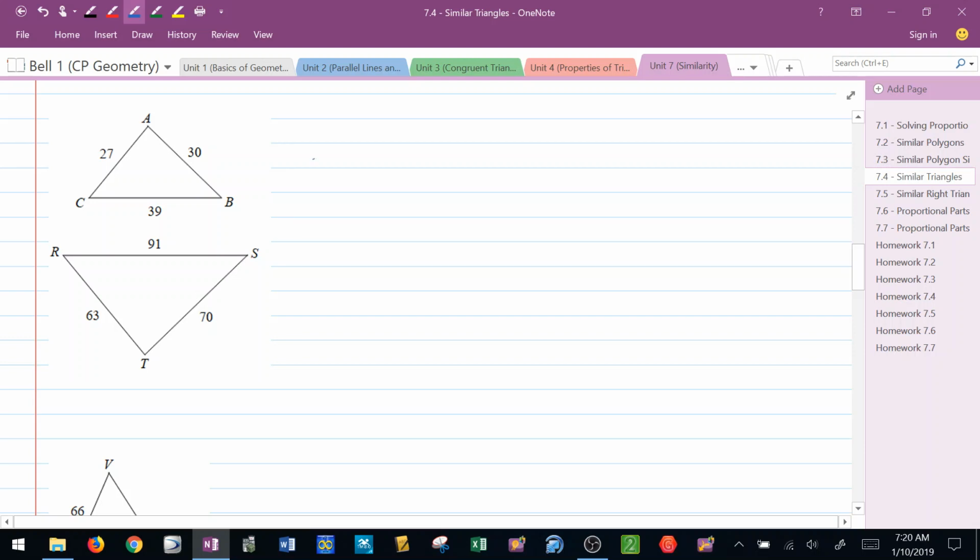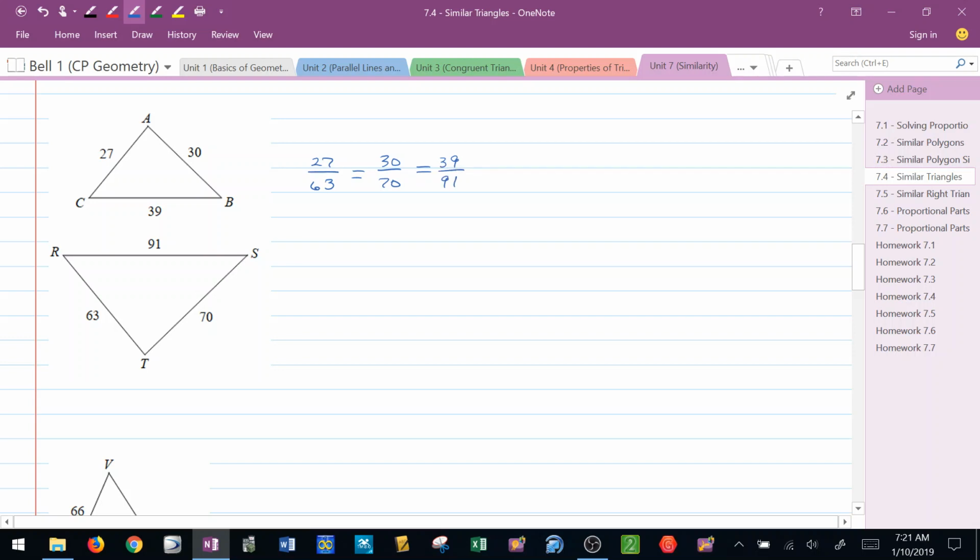I'm going to start with 27. Now 27 in the first triangle has to match with 63 in the second triangle. Why? The two of them are the smallest sides. The next largest side in each triangle would be 30 and 70. And then finally, the largest side in both triangles would be 39 and 91.